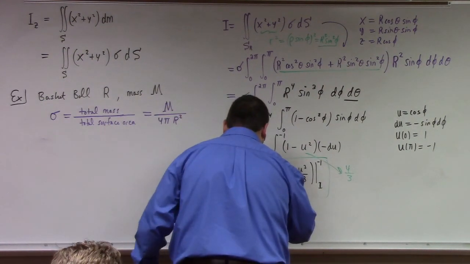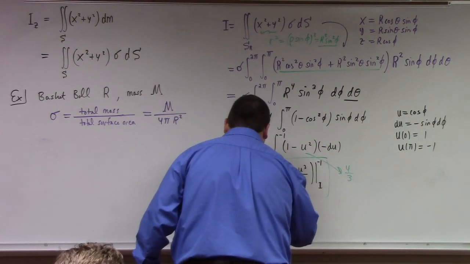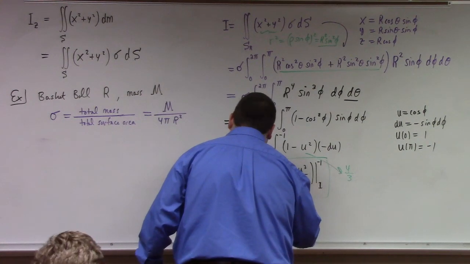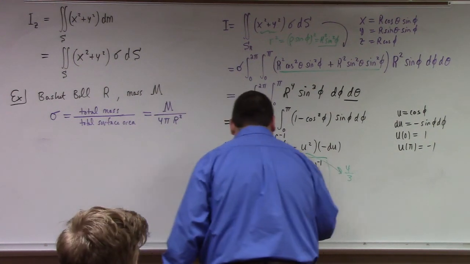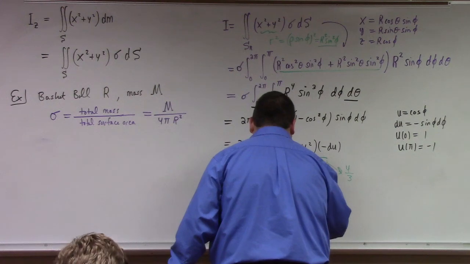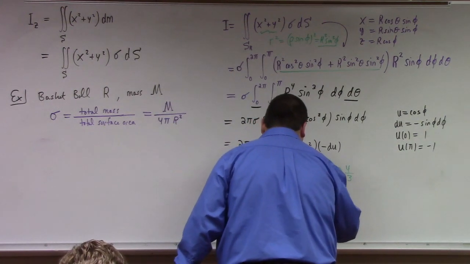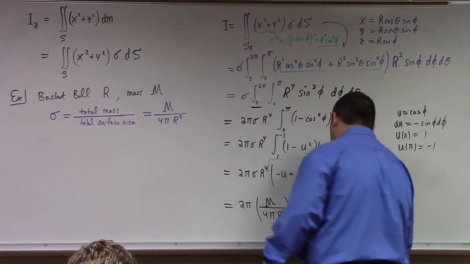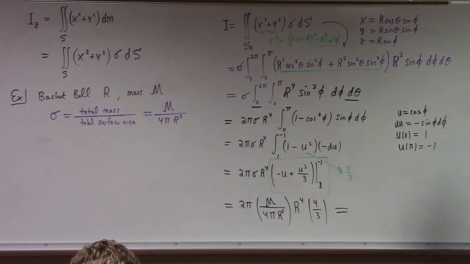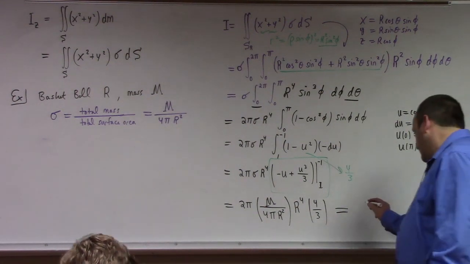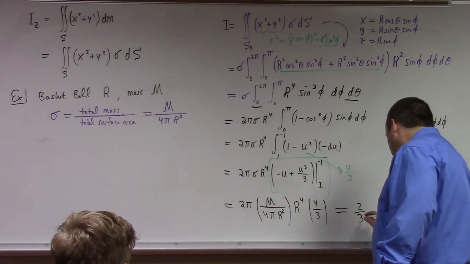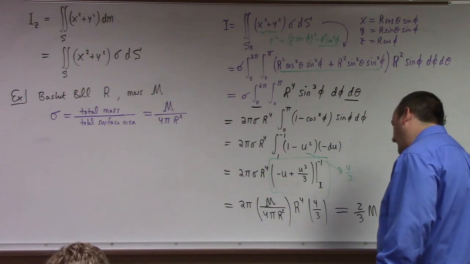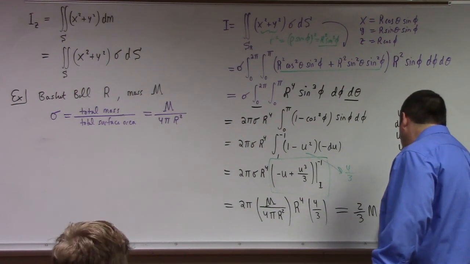M divided by 4 pi r squared, right? Times r to the 4th times 4/3. Okay, so what does that work out to? The pi's cancel. The 4's cancel. I see a 2/3 M. It looks like 2/3 m r squared, yeah?